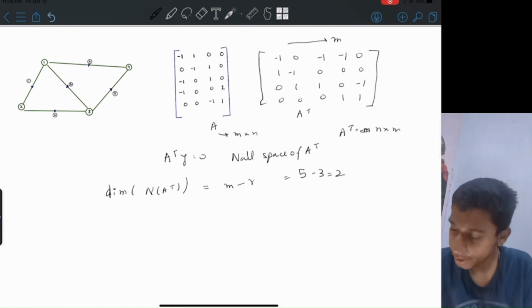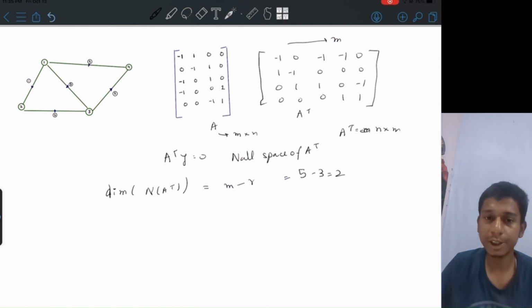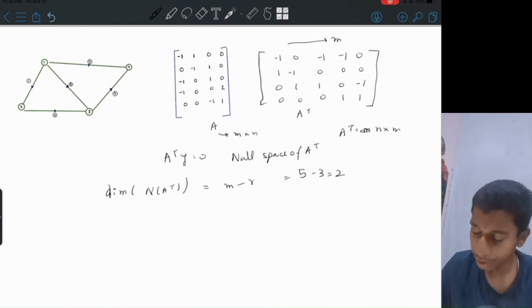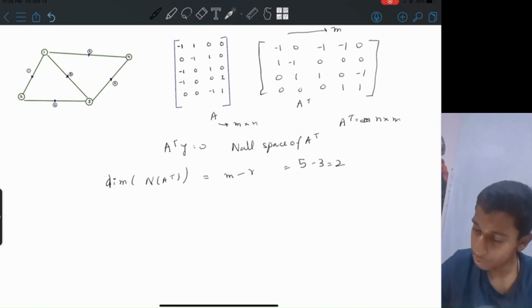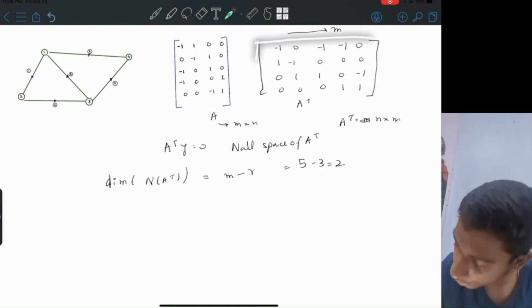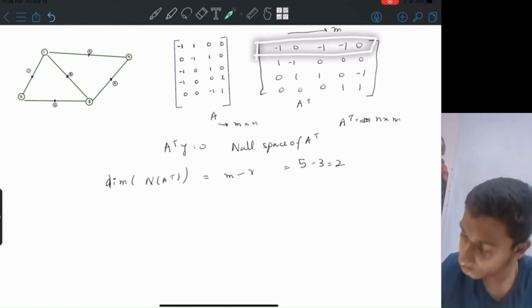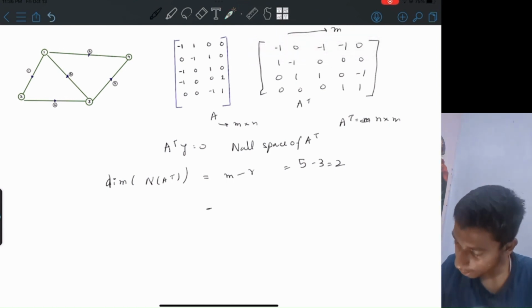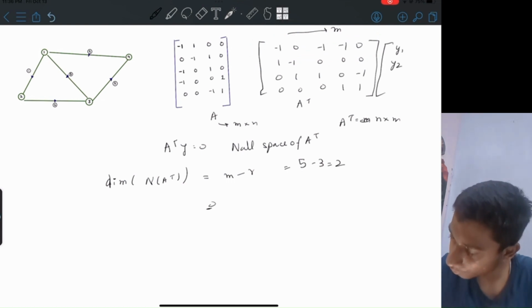And now let's see what story the role of A transpose represents. For example, let me now consider the first row, which is minus 1, 0, minus 1, minus 1, 0. I am trying to find the solution for A transpose times y1 y2 y3 y4 y5 equals the 0 matrix.